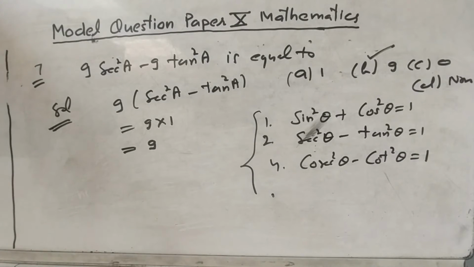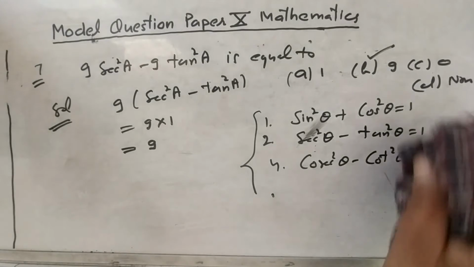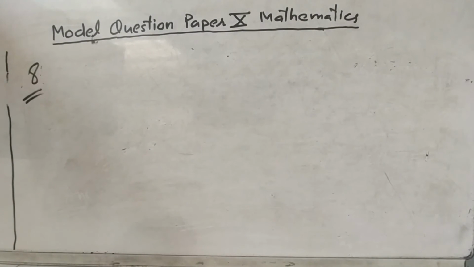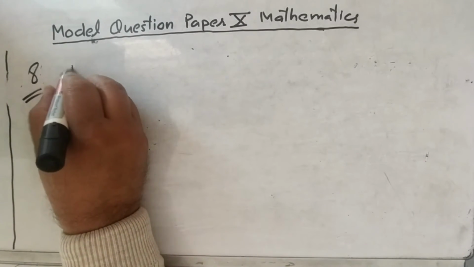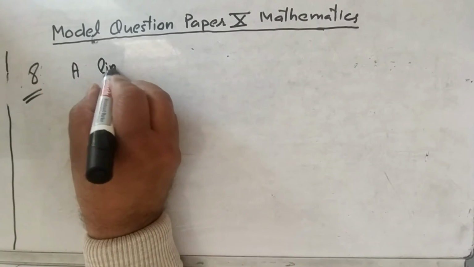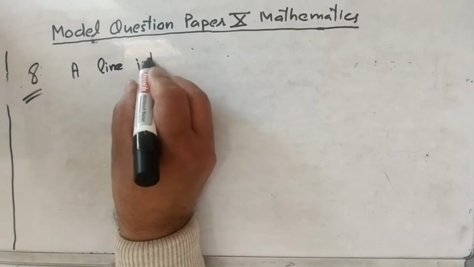Now I am coming to your question number 8. Here, a line intersecting a circle in 2 points is called a line.